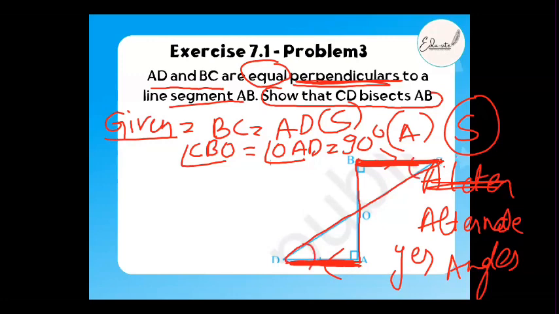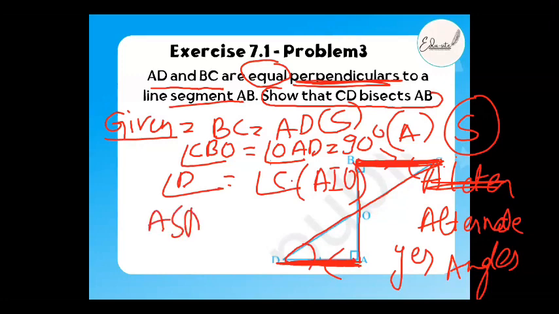So we can write angle D is equal to angle C, because of alternate interior opposite angles, as BC and this have the same parallel thing. So we can prove it from ASA postulate, because we have two angles and one side, correct? From ASA postulate, we can prove that this and this triangle are congruent to each other. Alhamdulillah.